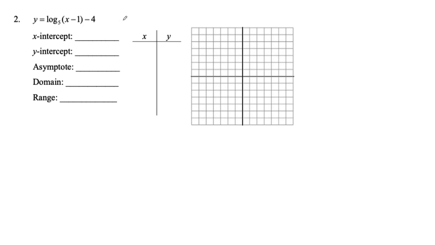So we want to think about what we know about the parent function of a logarithm. As we talked about solving this, we're going to focus in on that value of x. And we talked about 2 important numbers that we want to come up with.